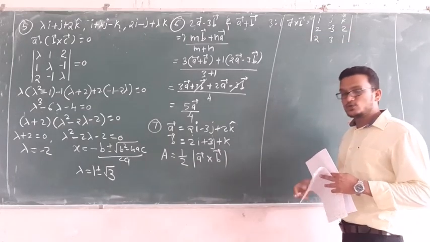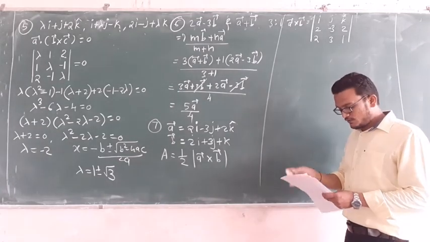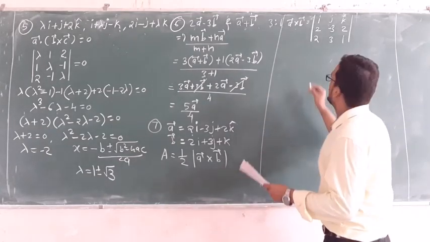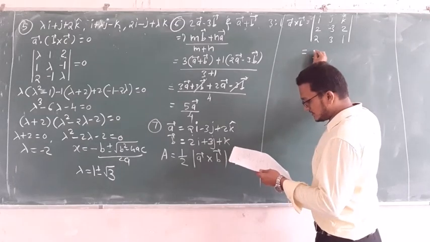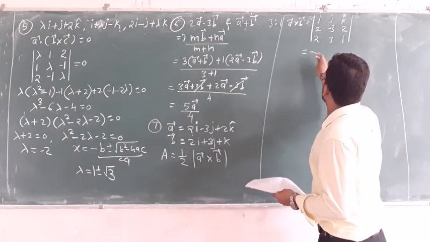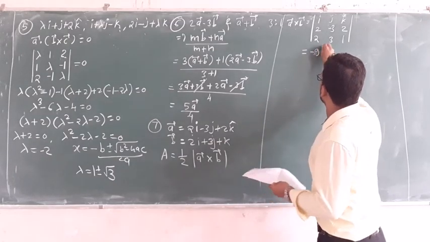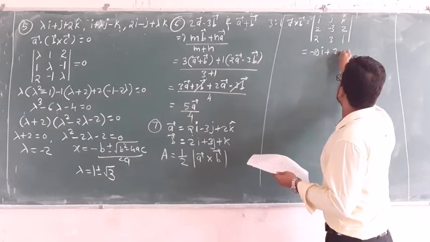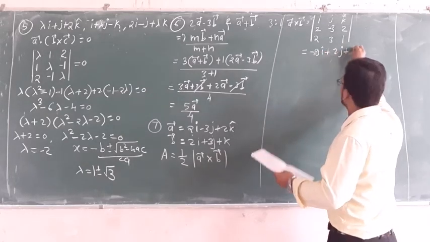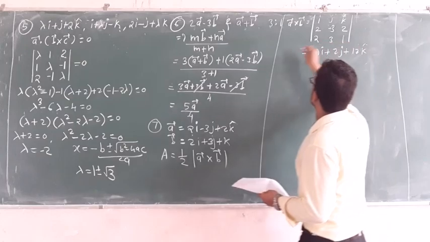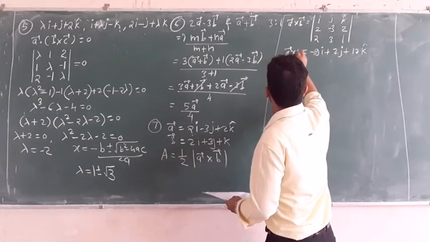When you expand this determinant, you will get minus 9i plus 2j plus 12k. So this is the answer of A cross B.